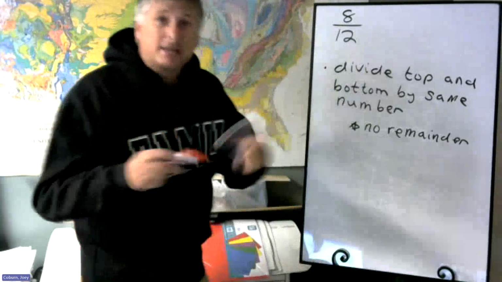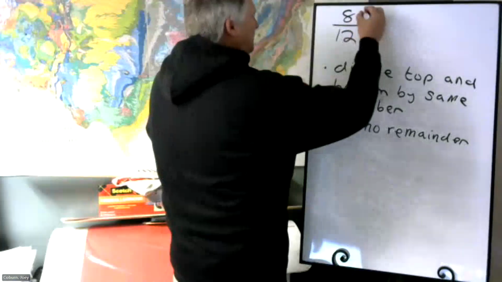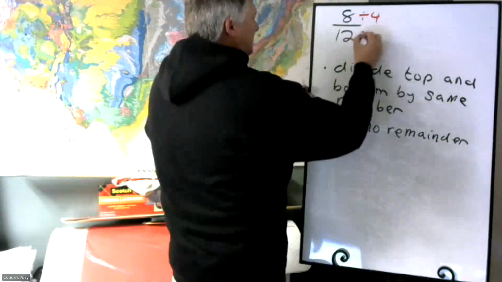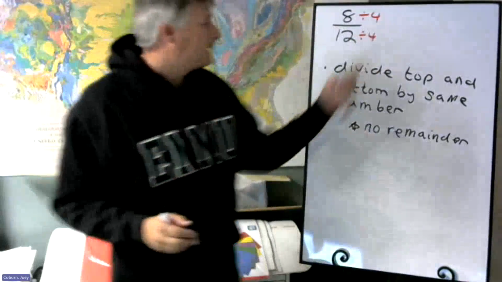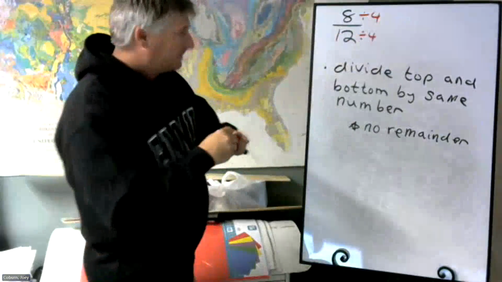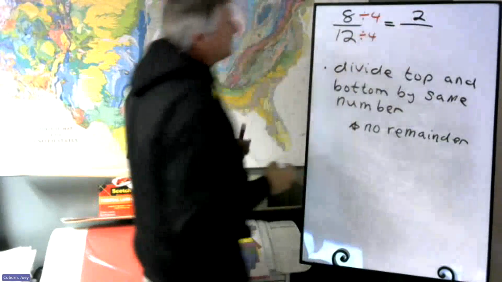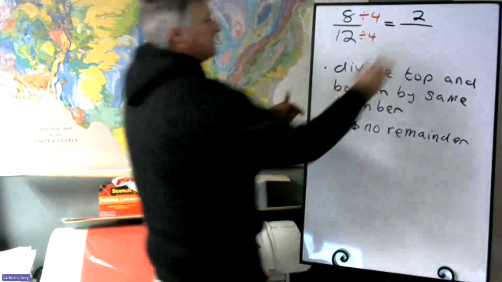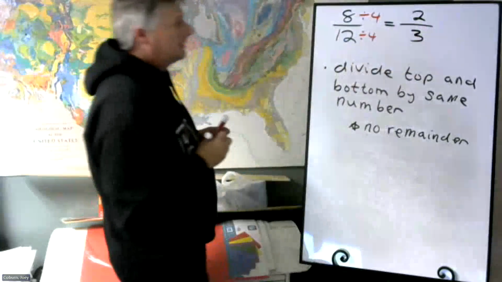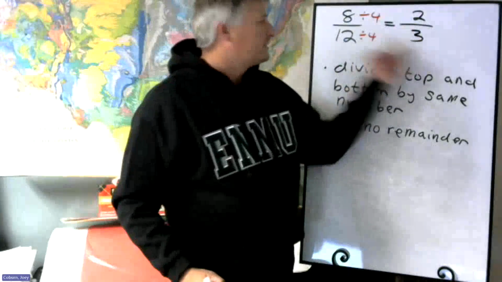Well, there is, again, it's 4. And we always need to divide by that same number. So 8 divided by 4 is 2. 12 divided by 4 is 3. And there we go. This is the simplest fraction.